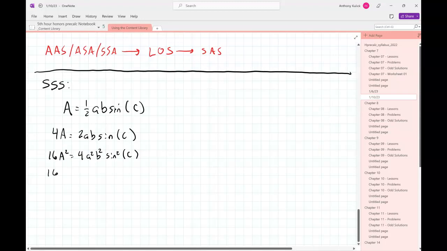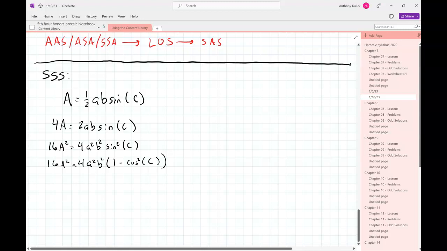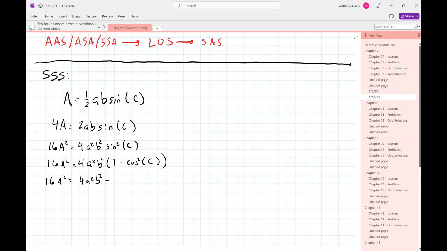And I remember that sine squared is the same thing as 1 minus cosine squared. And now I'm going to distribute that 4a squared b squared through.